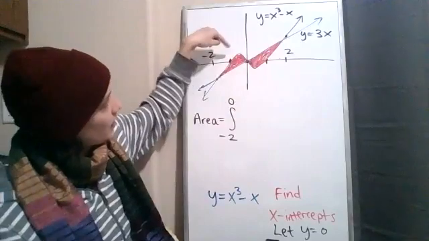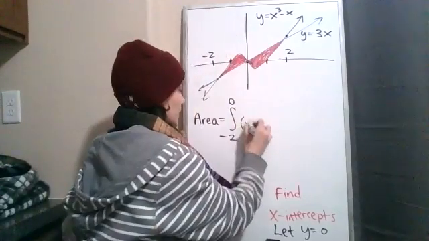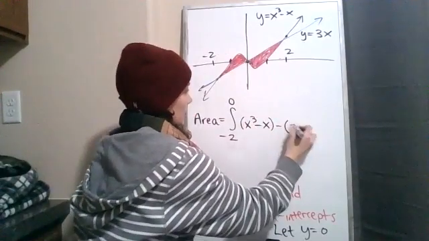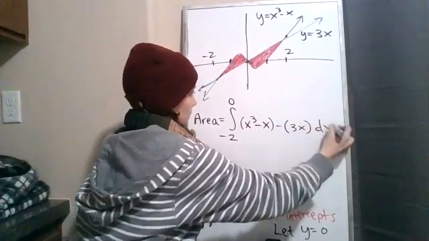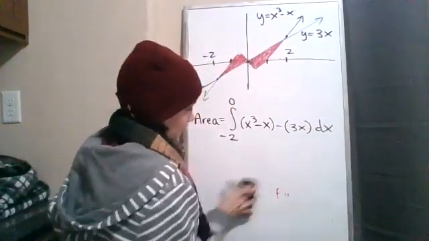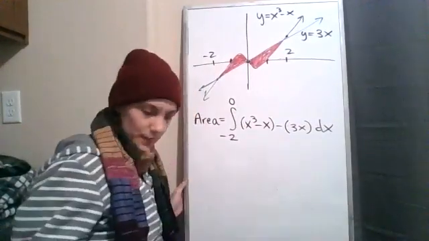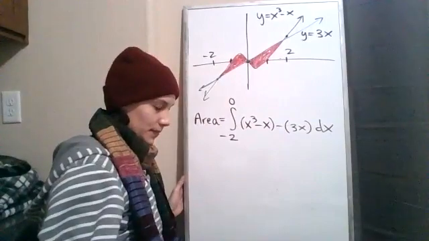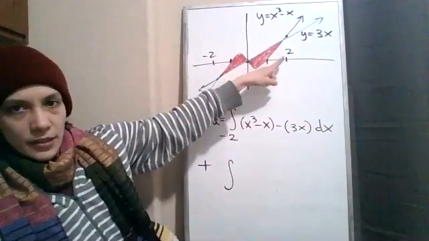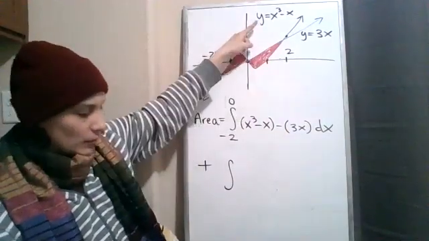This top graph is x cubed minus x. Add the area from 0 to 2, where the top graph is 3x, subtract the bottom graph, x cubed minus x.